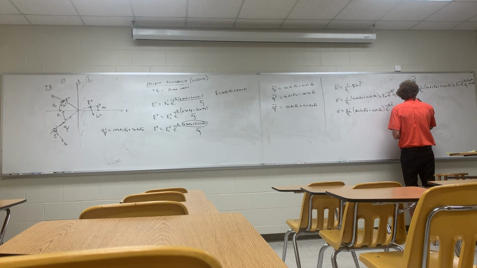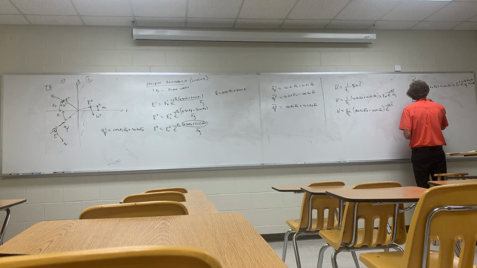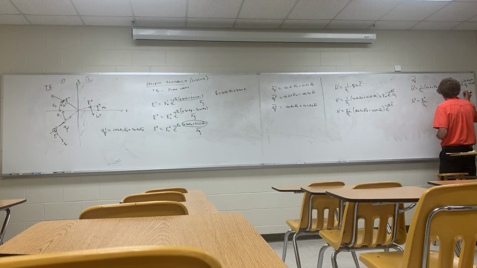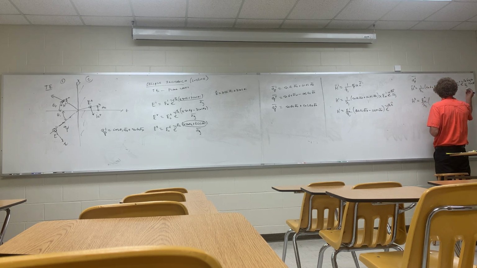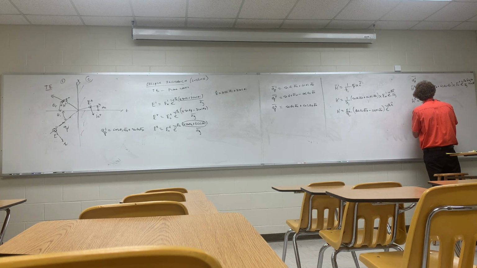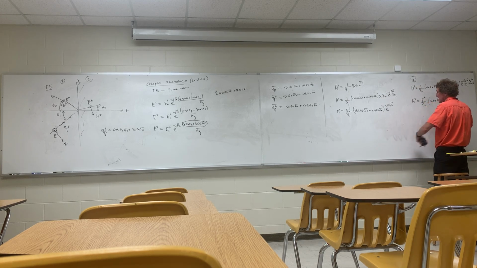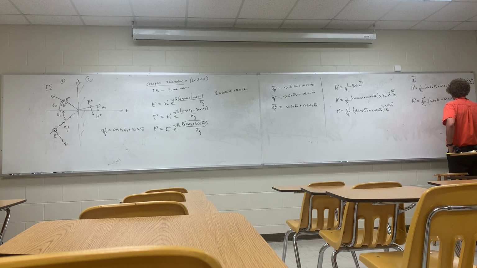If you do the cross product, you basically get this. The transmitted H field is going to be equal to E naught transmitted over eta 2 in magnitude. Then I take AX cross AY as AZ, so I get sine of theta transmitted AZ, and it's going to be minus cosine of theta transmitted AX, because I got Z crossed into Y, which is minus AX.